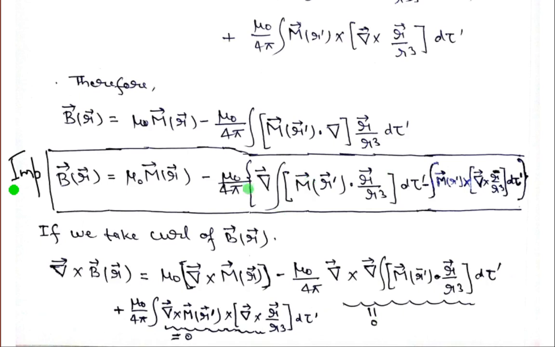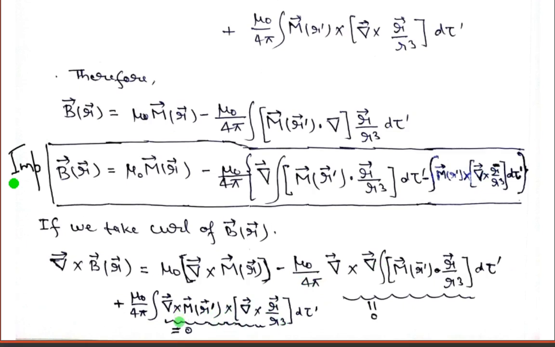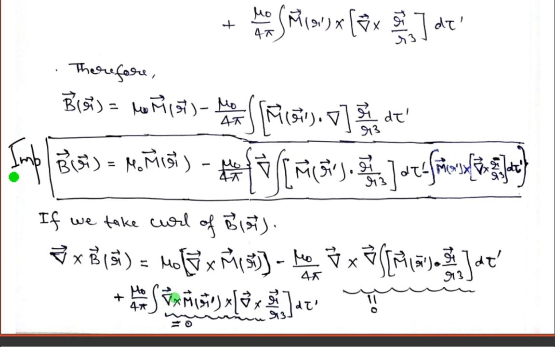Now if you operate the curl on this quantity, what will you get? That is plus mu 0 del cross M vector, which is a function of r prime, cross del cross r vector upon r cube. Now if you see this quantity carefully, we are taking the curl of the M vector.